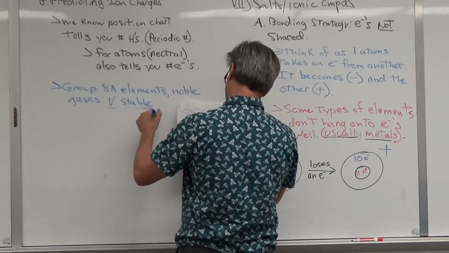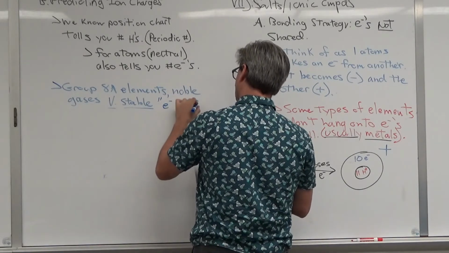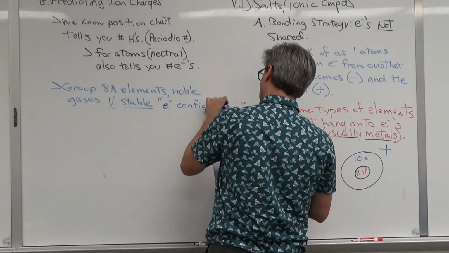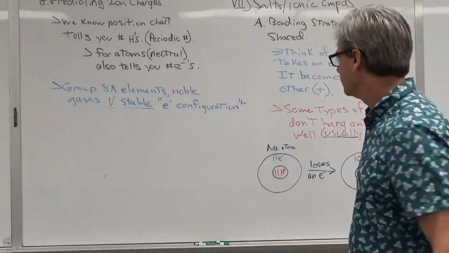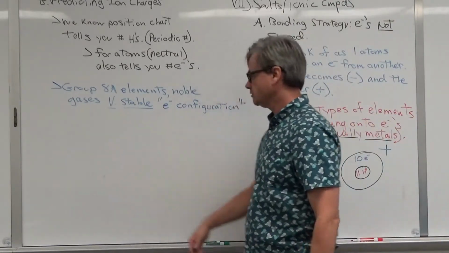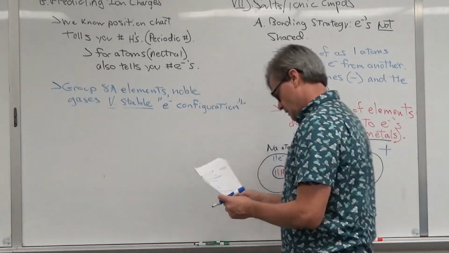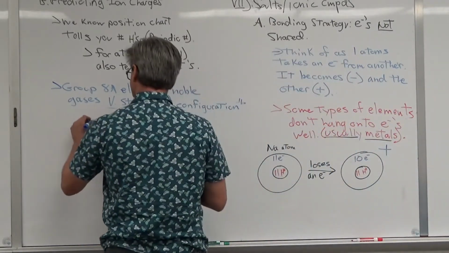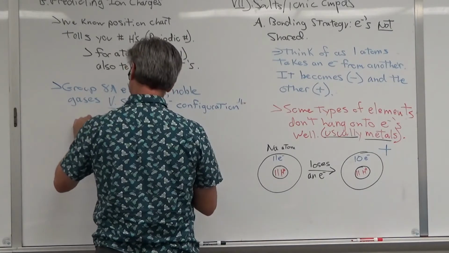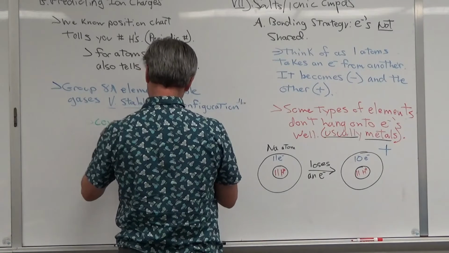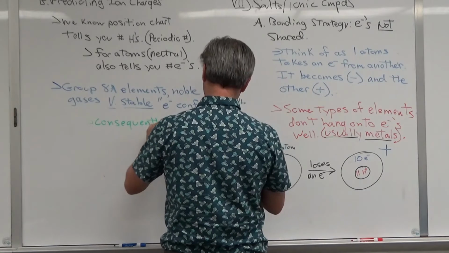Continue the sentence: very stable electron configuration. Configuration might be a weird word to use at this point in your chemistry career. For the time being, you can certainly think of it as just the number of electrons. It has a perfect number of electrons. Consequently, noble gases are very stable.